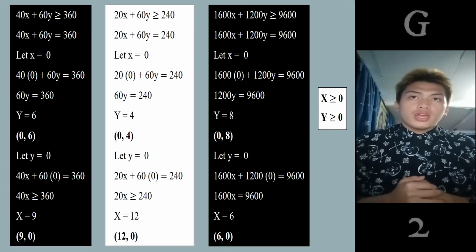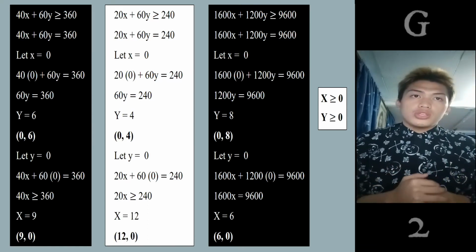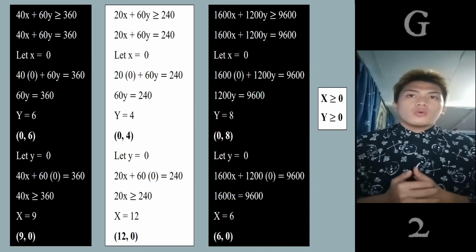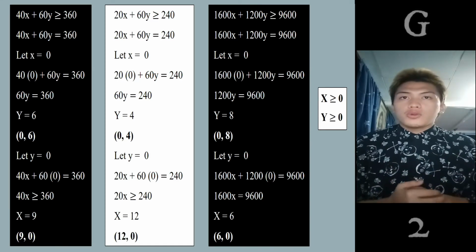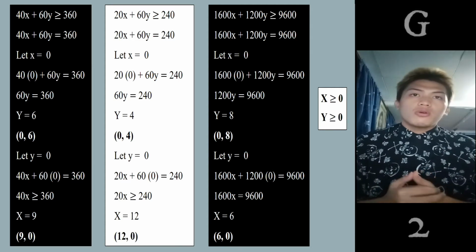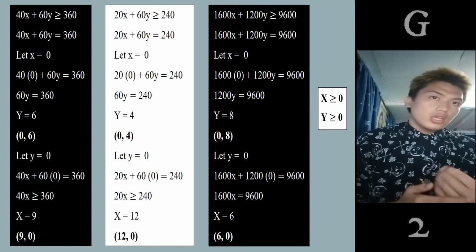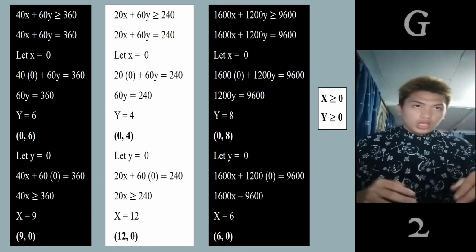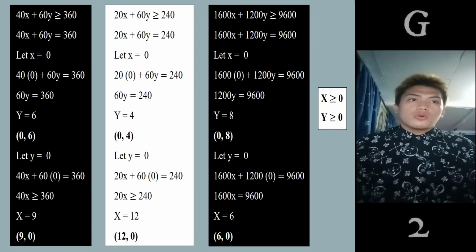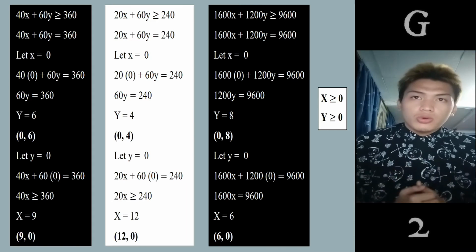With this, we have identified the first point or ordered pair, which is 0, 6. For the next one, we'll let y equal 0. So 40x plus 60 times 0 is equal to 360. Now we have 40x is equal to 360. Divide it by 40, and now we have x is equal to 9. So the second point will be 9, 0.